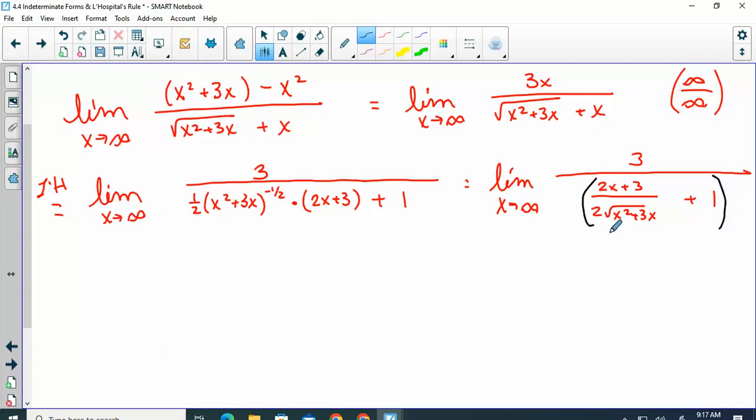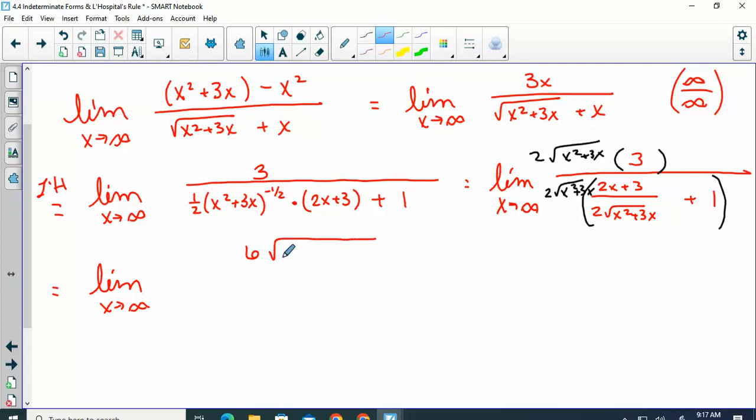So to simplify that, let's multiply everything by that denominator. So on the top we would get 6 times the square root of x squared plus 3x. On the bottom, those cancel in this term, so that's a 2x plus 3, plus 1 times that.